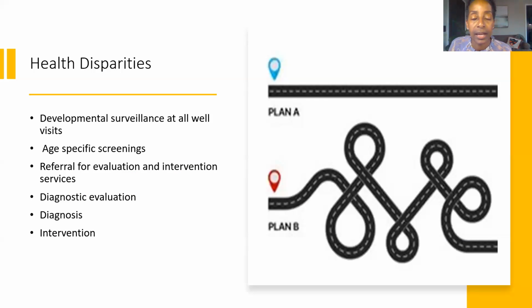I put this slide here to illustrate that the journey we just talked about detailed that top line, plan A, straight from one point to the next. But I want to shine a light on the fact that plan B is really what the journey looks like for many, many children, fraught with barriers, delays, and circuitous routes to ultimately get to a diagnosis.